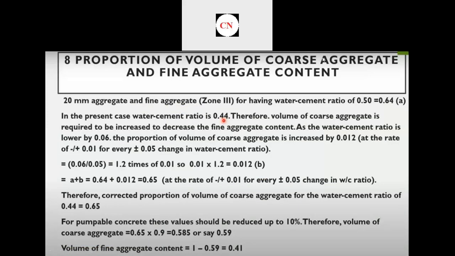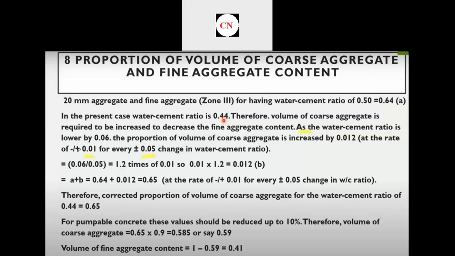As you know, in the previous code, IS 10262 2009, a correction was given. As the water cement ratio is lower by 0.05, we have to raise this proportion by 0.01, and vice versa.